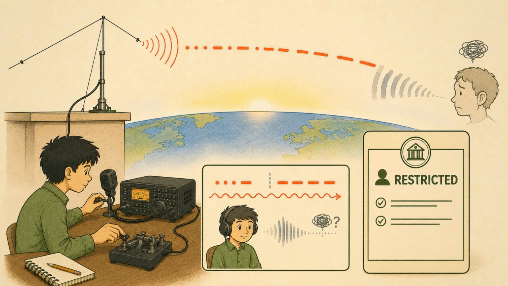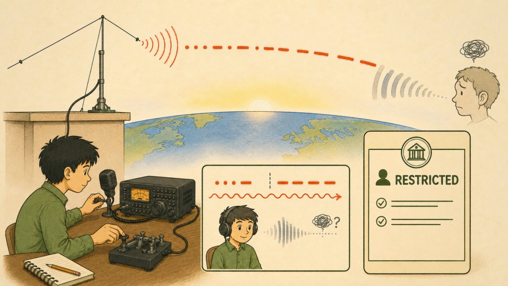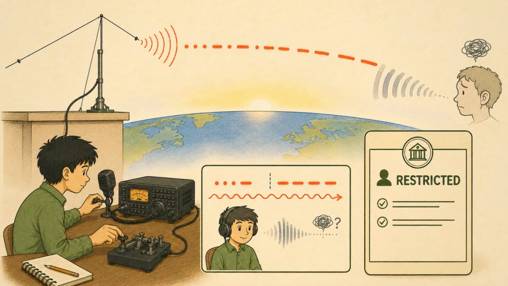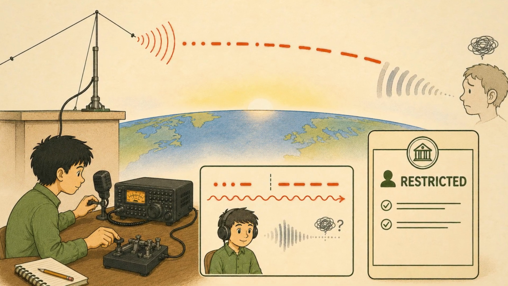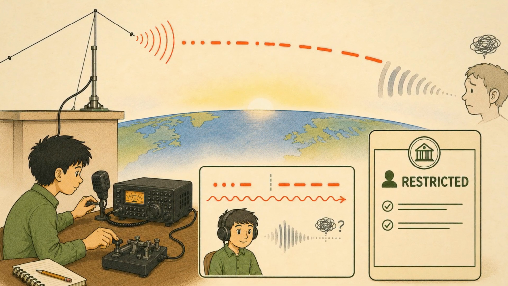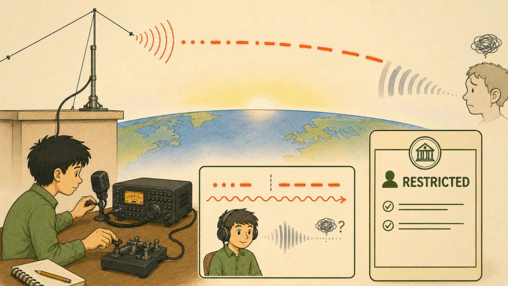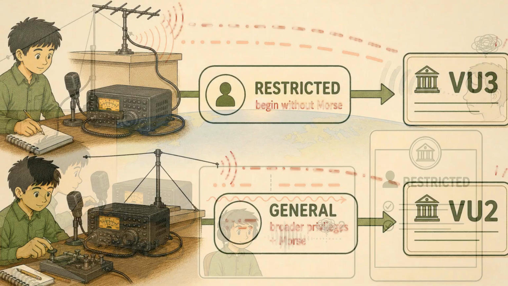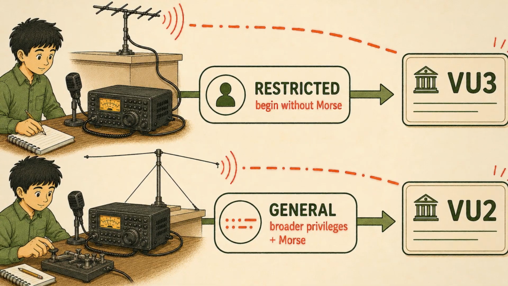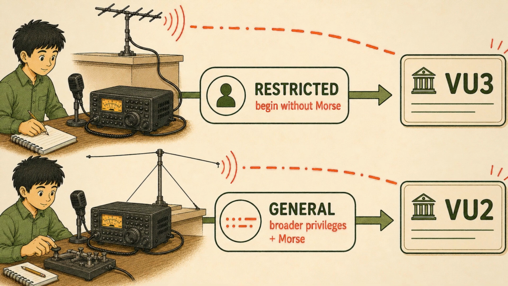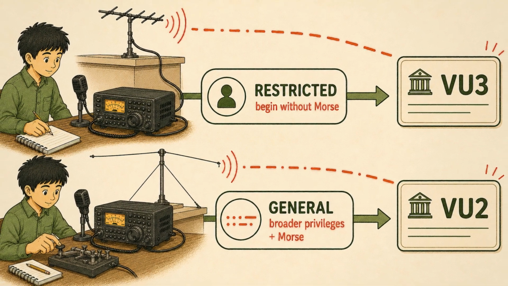Morse may be more than a century old, but it remains a useful radio mode. It occupies little bandwidth and can often be copied under conditions in which a voice signal would be difficult to understand. Restricted candidates do not have this additional Morse requirement under the current rules. Restricted is the simpler route for someone who wants to begin without the additional Morse test and is comfortable with more limited operating privileges.